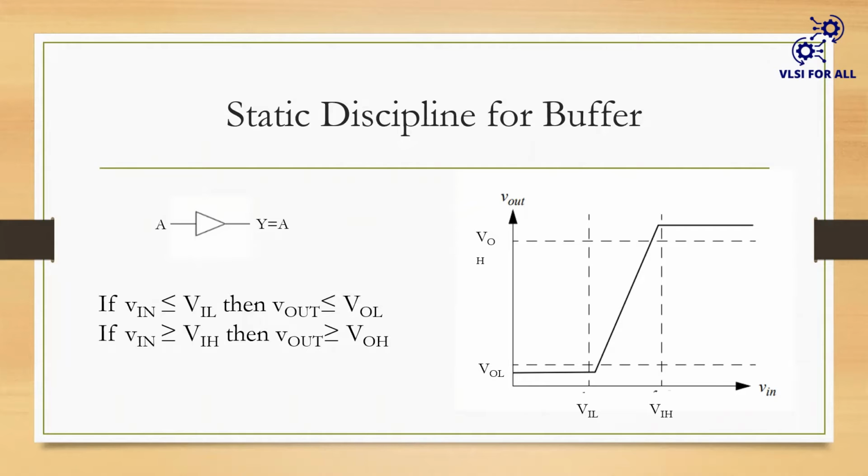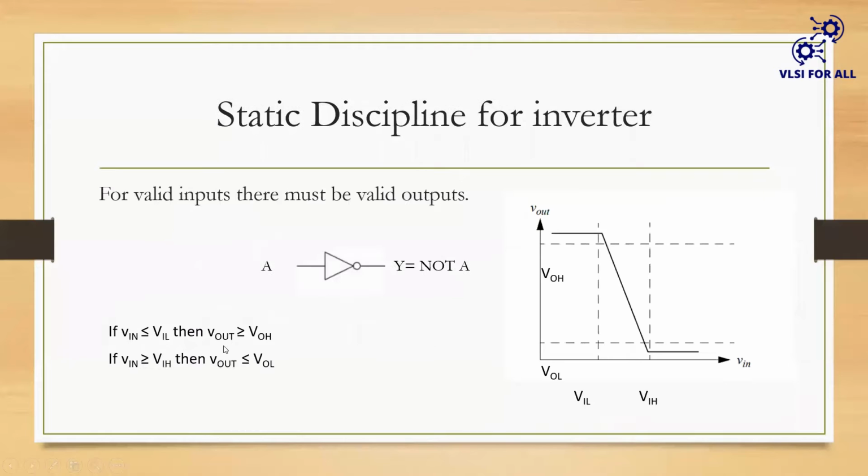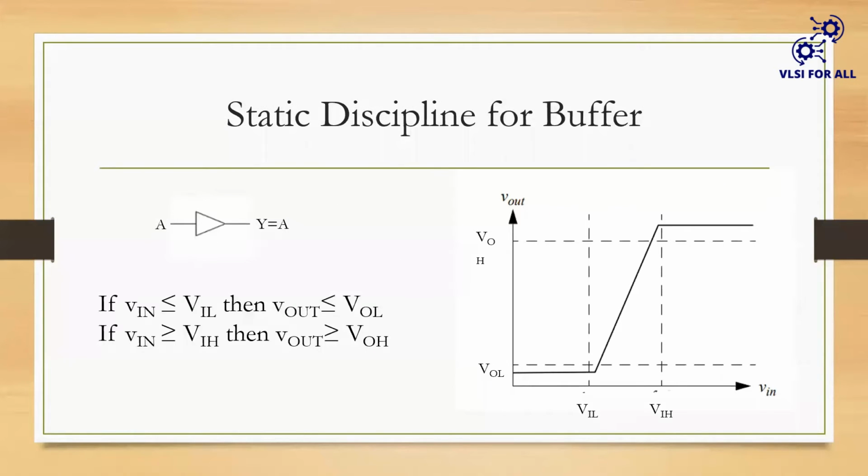Similarly, if the input voltage is more than VIH, then obviously it can be considered as logic 1. For logic 1, the output is also logic 1. To be considered as logic 1, the output voltage must be greater than or equal to VOH. Here the input voltage is not in your hand.